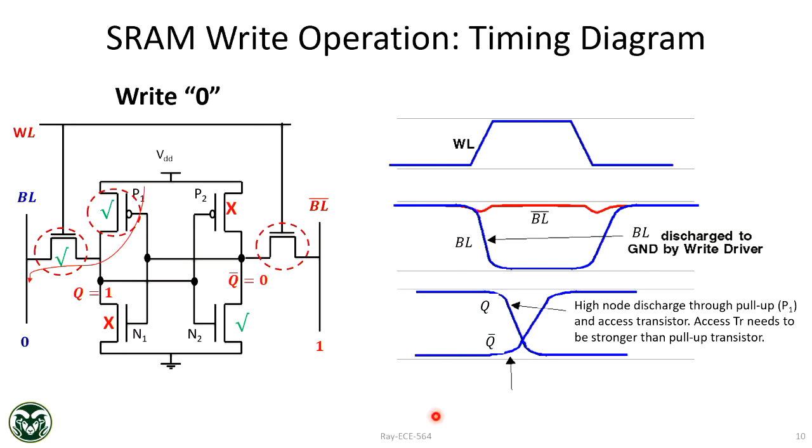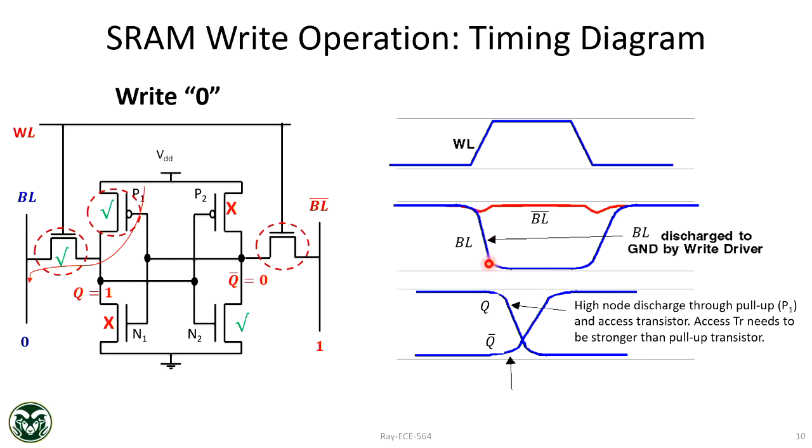So what is going to happen is that these bit lines are charged. For example, you want to write 0, so you pull down this bit line. The bit line is discharged to ground by the write driver, because during read and the idle state you don't want to touch those bit lines. During write only you pull it down.